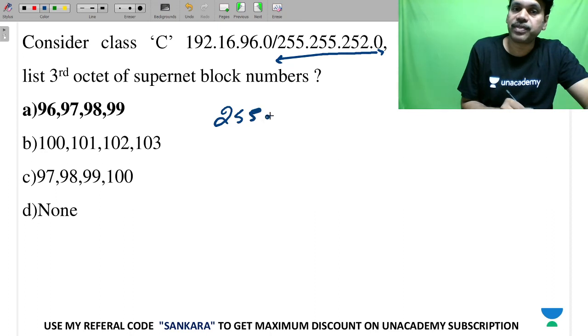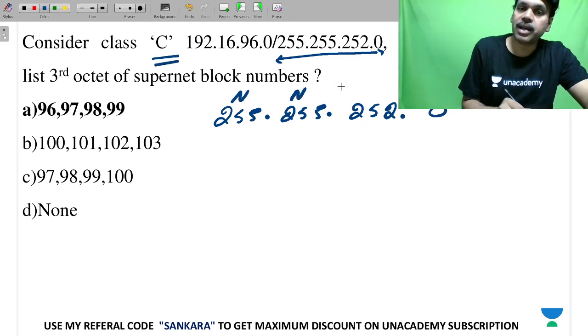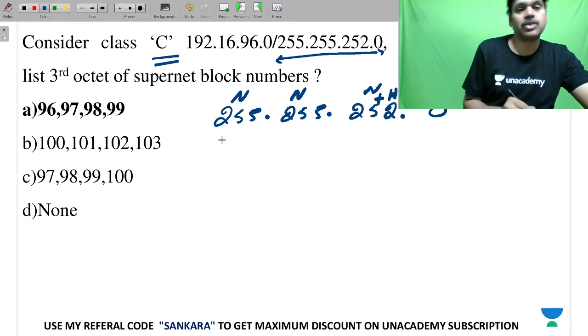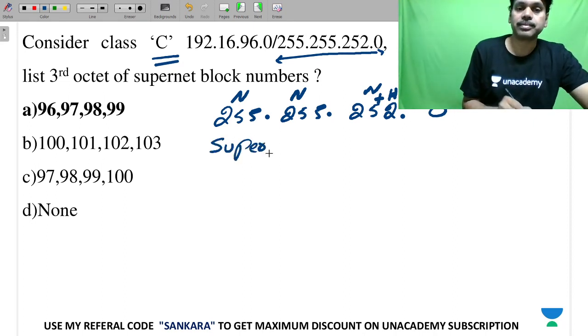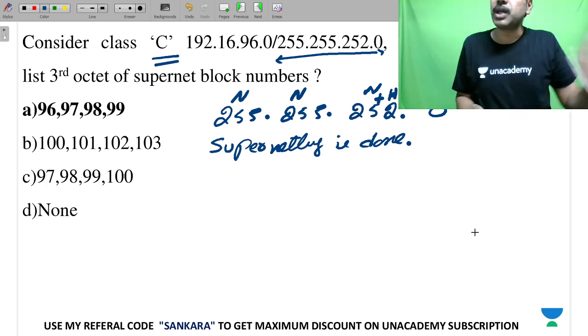So 255, 255, 252.0 and class C. So N, N, N, H. But this N has got some H also. So whenever NID is manipulated, supernetting is done. So he is asking how many supernet blocks and what are the supernet blocks?